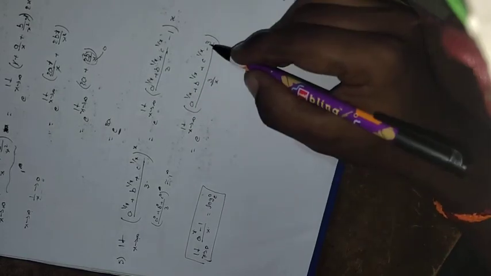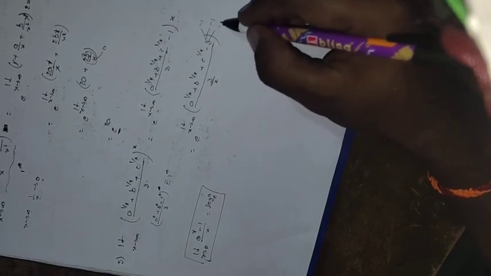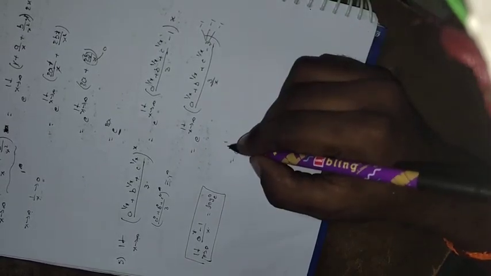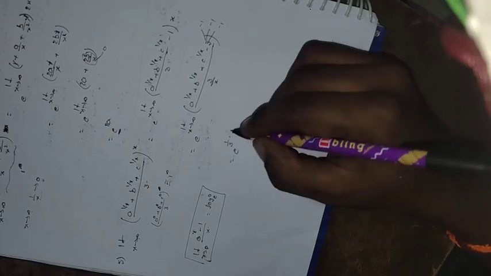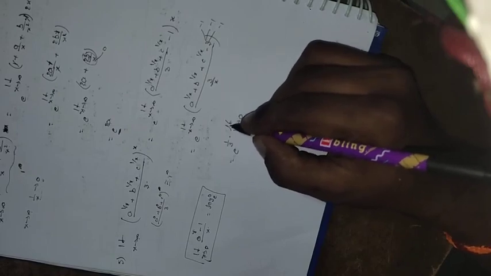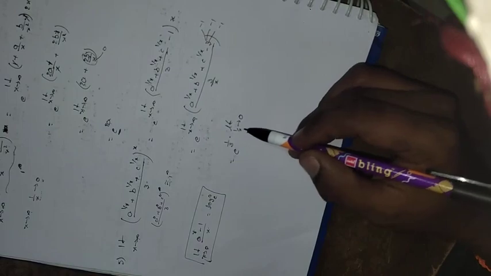So rewrite this one. The minus 3 splits into three times minus 1, minus 1, minus 1, shared to each and every term. That's why it is e power 1/3 into limit 1/x tends to 0. Already I told you, limit x tends to infinity means 1/x tends to 0.